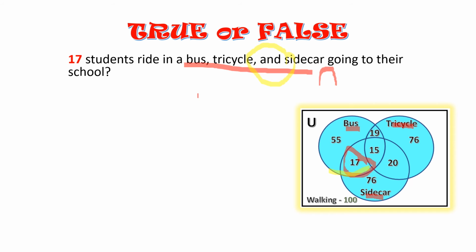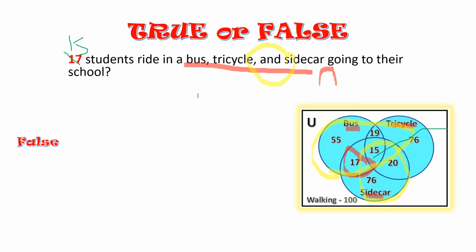Set bus, this is the circle. And the set of sidecar. So, he is not in tricycle. It means he is not in the intersection of the three. So, what should be the correct answer? The answer should be very good, 15. So, 17 should be 15 students.